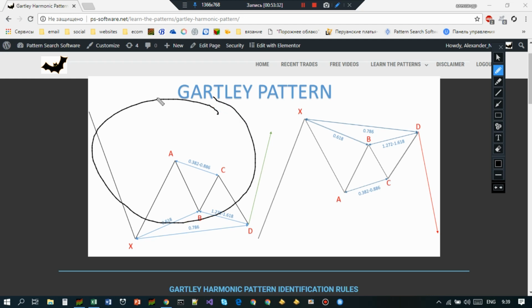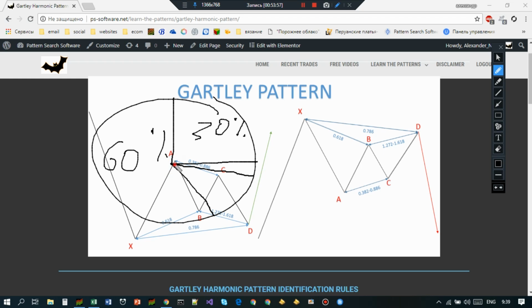So if we consider this circle as the total success, we know that 60% of our success depends on our psychology, yes, 30% depends on our money management, yes, and the 10% that is left depends on our strategy. And this strategy consists of these 3 parts.